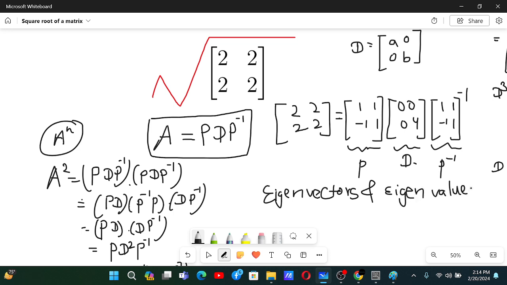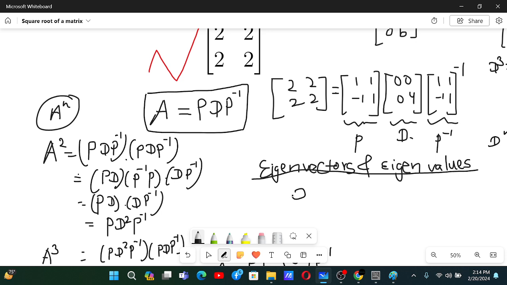I'm not really going into a lot of details, but let me tell you that, let's say the matrix A is 2, 2, 2, 2 or something like that.